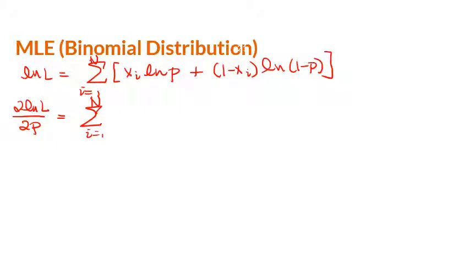Ito lang titingnan natin, so magiging xi over p plus ito 1 minus xi, 1 over 1 minus p, times yung derivative nung nasa loob, negative 1, so this would become negative.